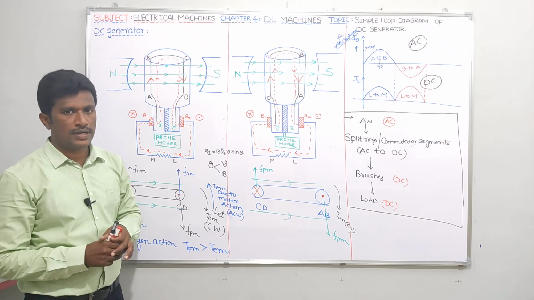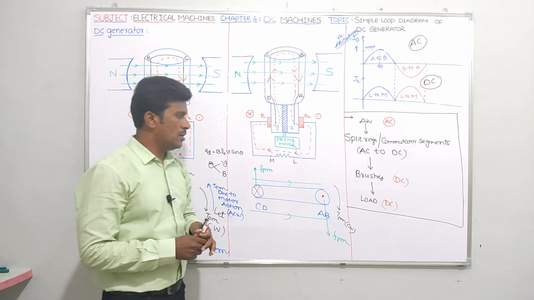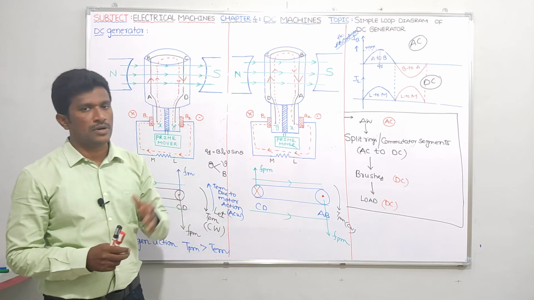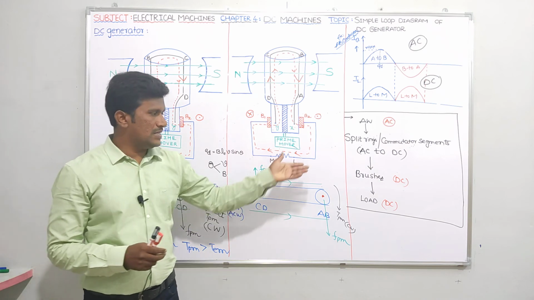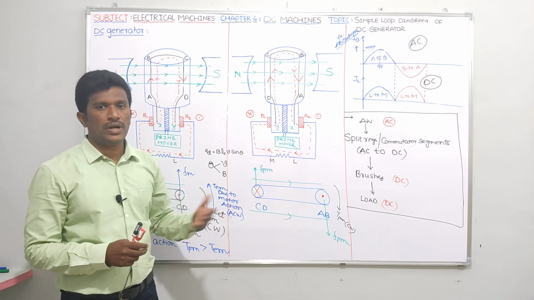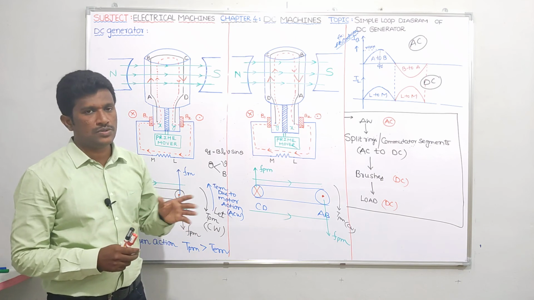Is it clear? So this point is very important. Please give a star mark. Whatever I told, in a DC generator, commutator acts as a mechanical rotating rectifier. This point is very important. Please give a star mark for that.